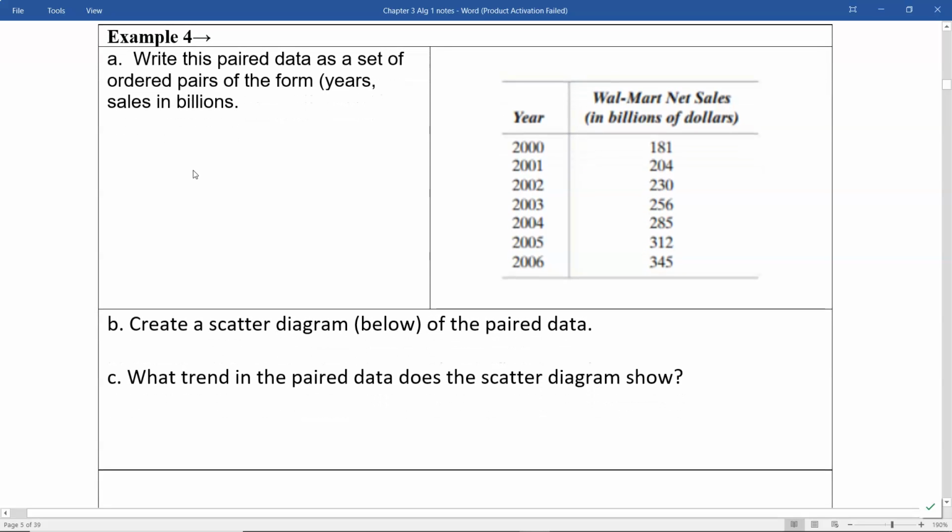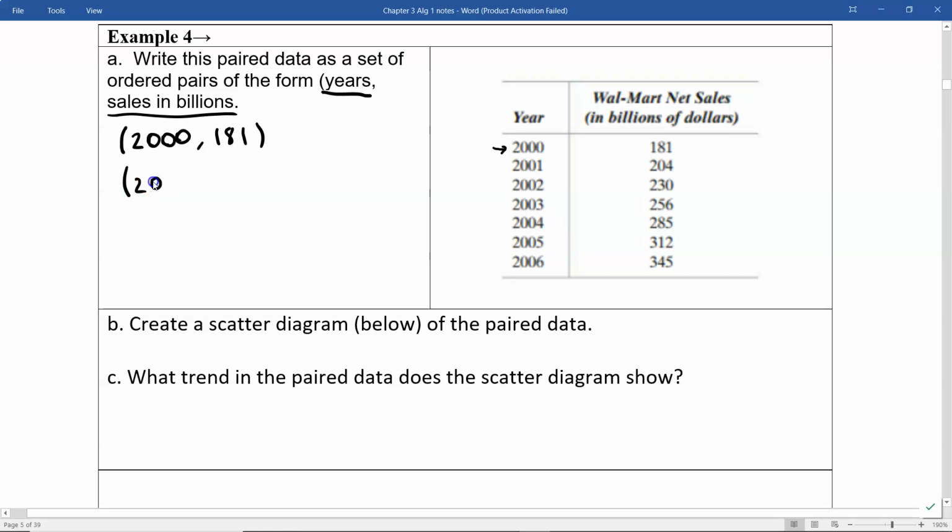So in this example, we want to write these ordered pairs using this data set. So we want to write the ordered pairs as years and sales in billions. So we're making our x-coordinate now some year and our y-coordinate as some sales in billions. So for example, one of these ordered pairs is going to be 2, 181.